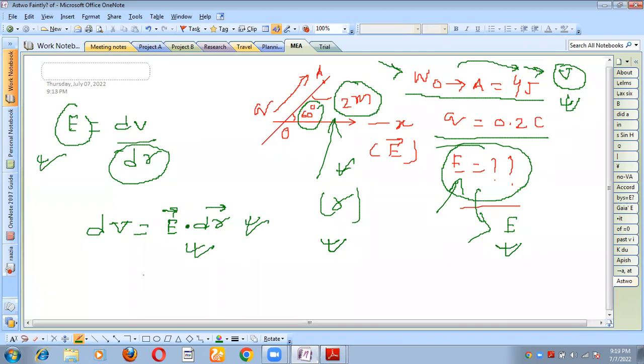Yes, sir. One question, sir. Why are we using dV instead of normal V, sir? You know, dV is the change. If you go into the concept in depth, the potential of an absolute point is not defined.